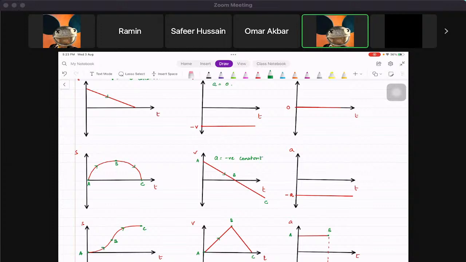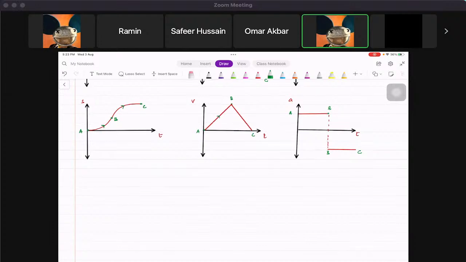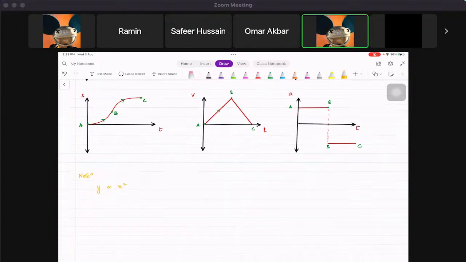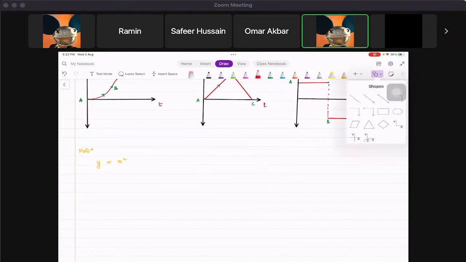Now there's one thing I just want to tell you, okay, and just remember, write a note here because you should remember this. In case you have a graph that is represented by y against x squared, okay, so you're drawing a graph. There is y and there is x. So this graph line will always be like this.